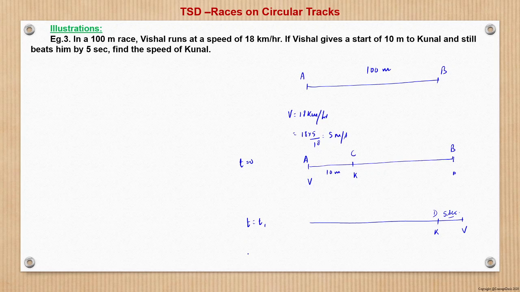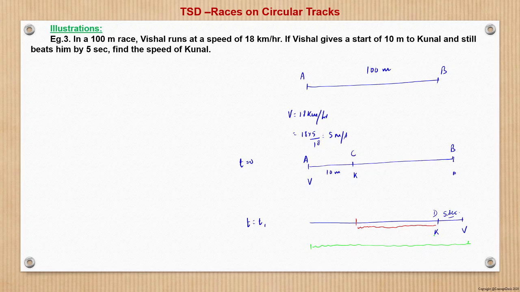So in this duration, what is the distance covered by them? Distance covered by Kunal would be this distance, whereas Vishal has covered this much distance in the same time, right?